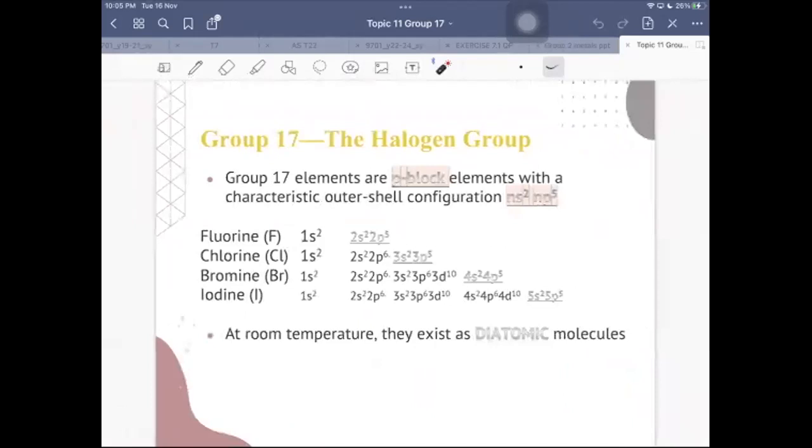They are called the p block elements because the last outermost subshell being filled is the p orbitals or the p subshell. So you can see that for fluorine, chlorine, bromine, and iodine, they all end with the same number of electrons in the s orbital and the p orbital. The only thing that's different for each element is the principal number or the shell number.